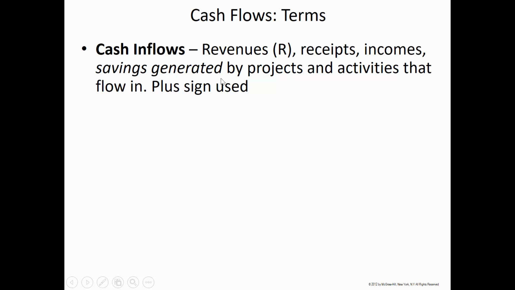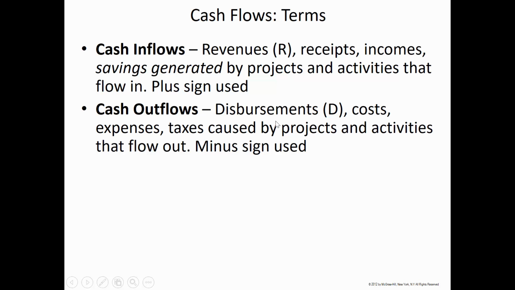So if you had a really expensive electric bill, but you managed to cut your electric costs by some sort of economizing, then a reduction in costs can be counted as a cash inflow.